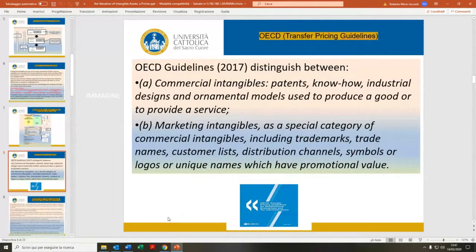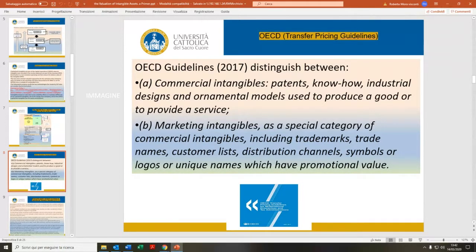We also have, according to the OECD transfer pricing guidelines, the ones, as we said, related to functional analysis, a distinction between commercial intangibles, patents, know-how, industrial designs, ornamental models, or the marketing intangibles, including trademarks or brands, even digital ones, trade names, customer lists, distribution channels, symbols, acronyms, or logos.